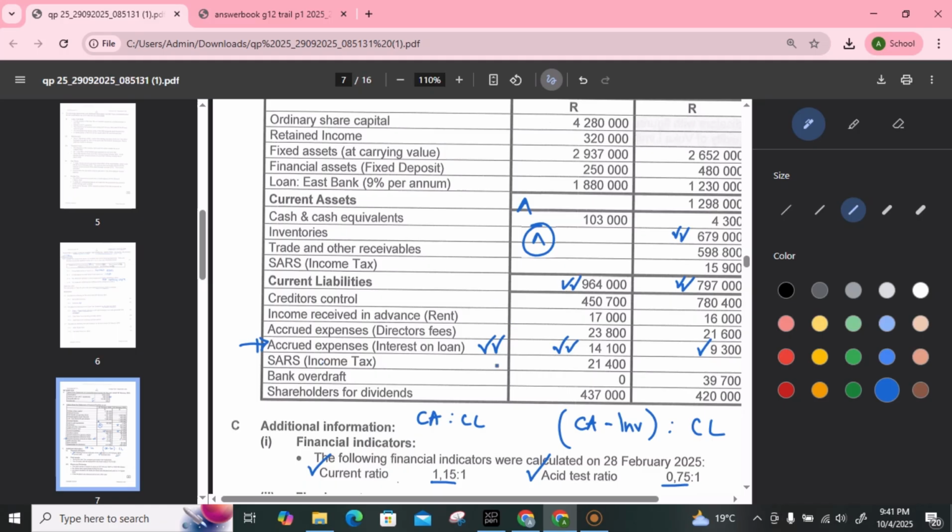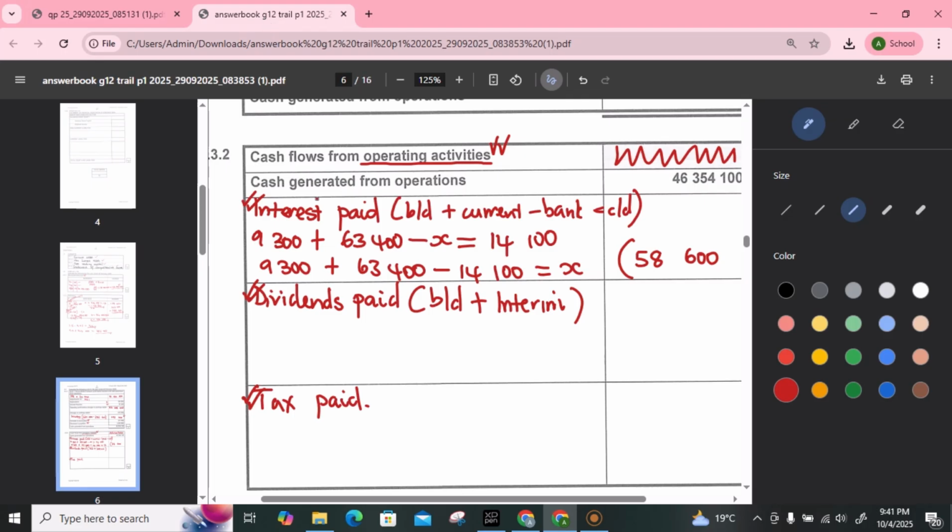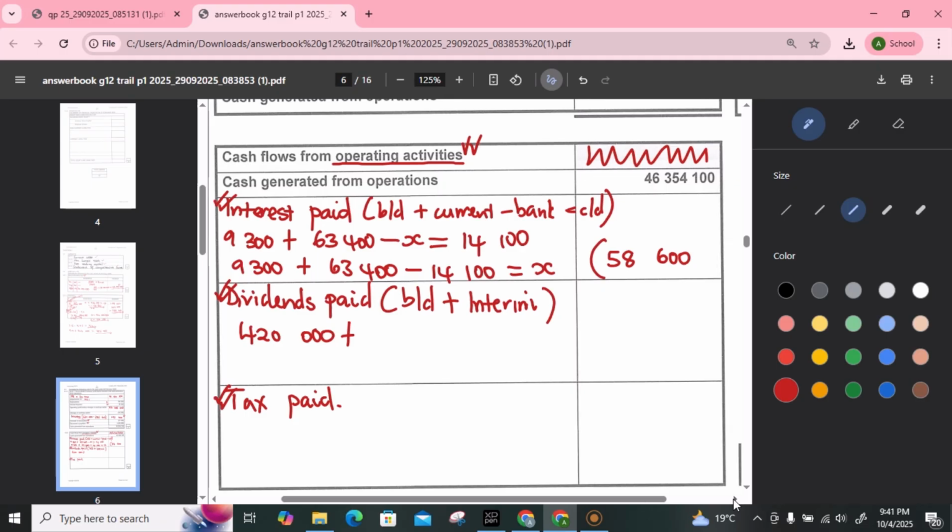So if you look here, shareholders for dividends from last year, 420,000. That is our 1 mark already, and we are going to get what? The method mark as well, because we have already picked up one correct line item. If they are going to apply the method mark, we have something correct already.